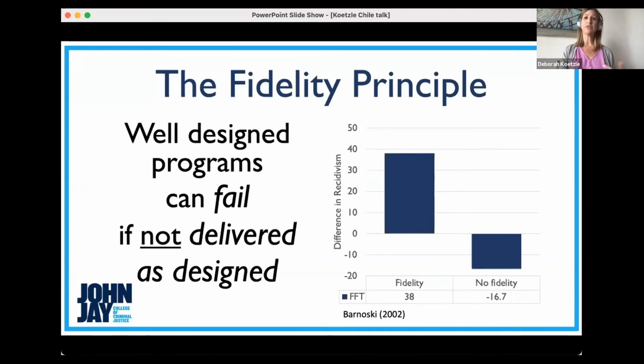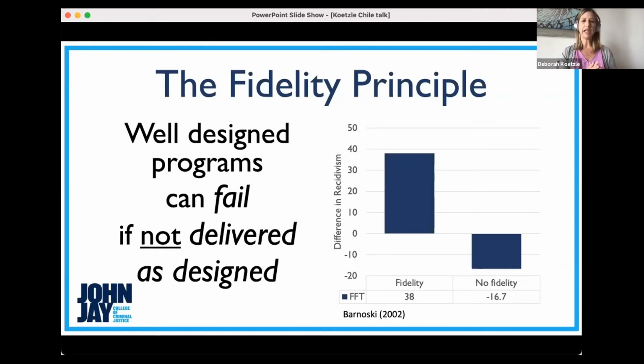It's designed for juveniles, where facilitators or therapists work with a juvenile and their family to improve the functioning of that family unit, and has been found time and time again to reduce recidivism, to improve outcomes. There's a lot of training that goes into play with this curriculum, and a lot of oversight with this curriculum.